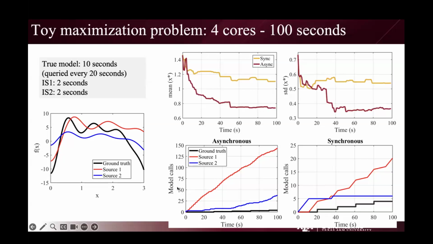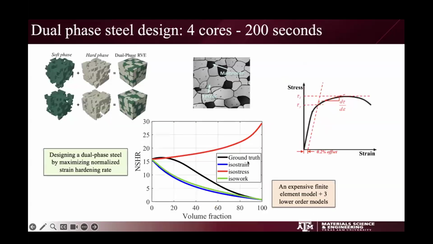Notice also that the models are called a lot more often when we're doing asynchronous Bayesian optimization than when we're doing synchronous Bayesian optimization, because we do not have this idle time.